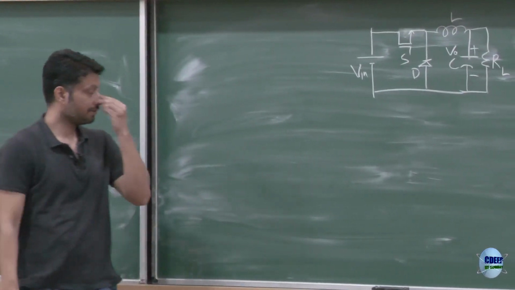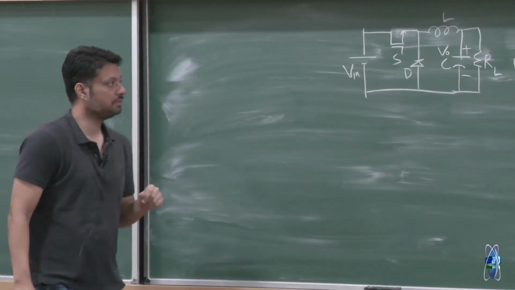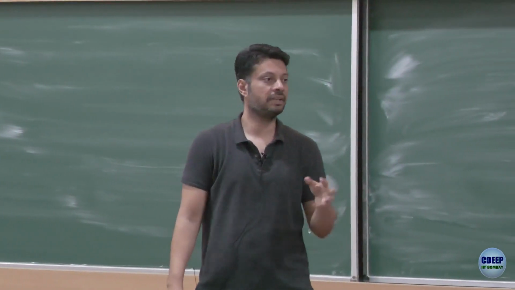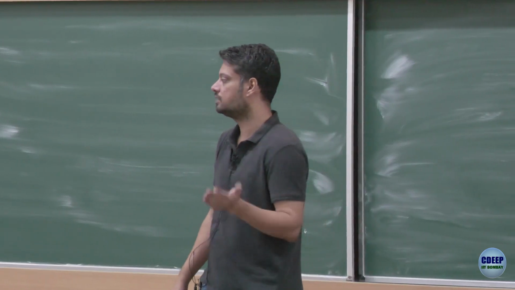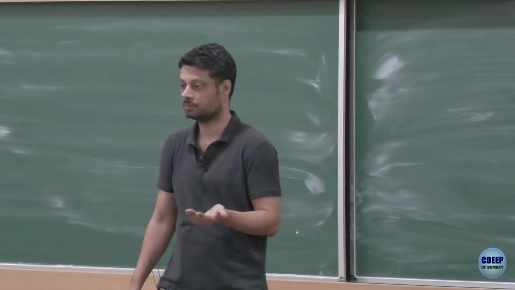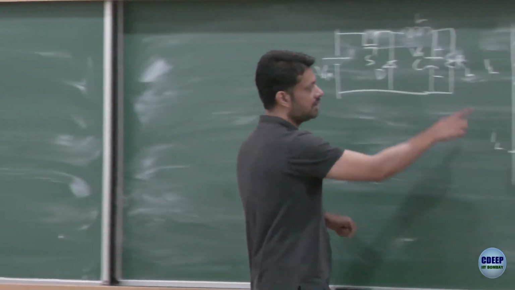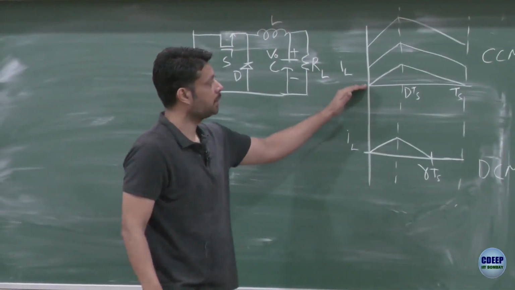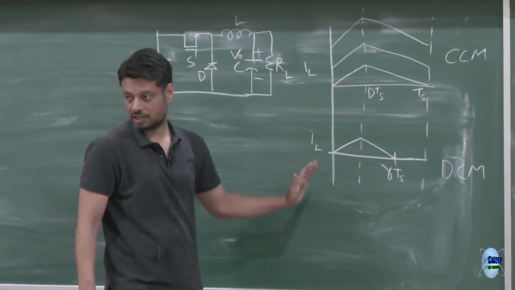Now, the first thing we will do is derive a condition so that we can identify whether the converter is operating in CCM or DCM. As you see, this is the limiting case, the boundary between continuous conduction mode and discontinuous conduction mode.